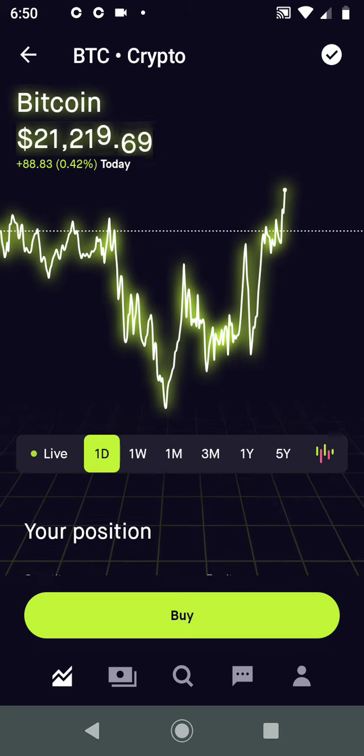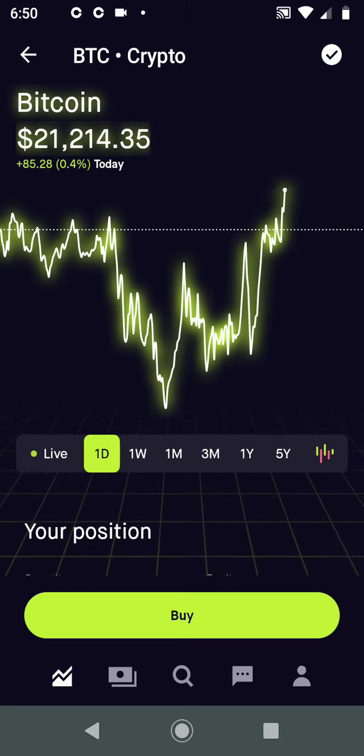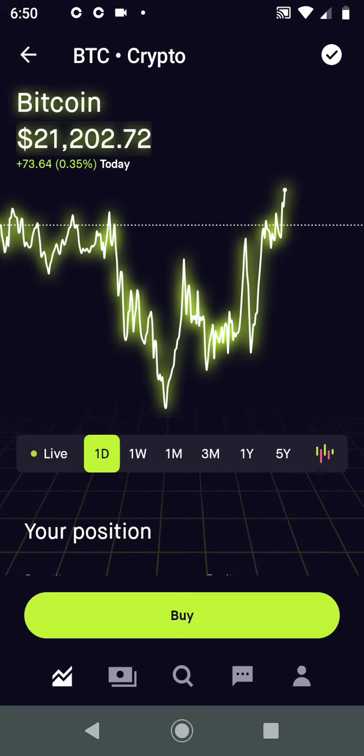So I'm lowering, just like a stock, I'm lowering my cost. And let me remind you, this is a fractional share of one Bitcoin that I'm investing. So $50 is not going to buy you one Bitcoin. It's a fractional share, but you can still gain or lose, just like if you own one whole Bitcoin.